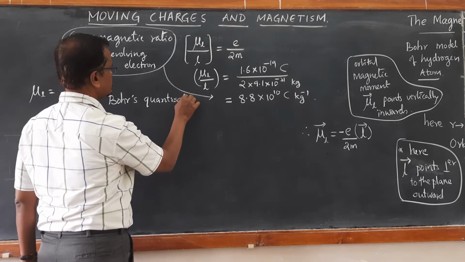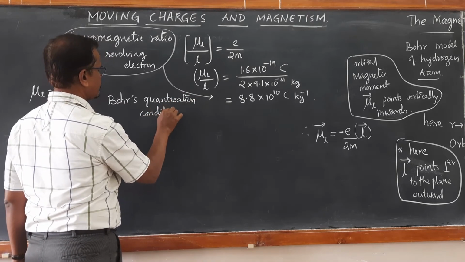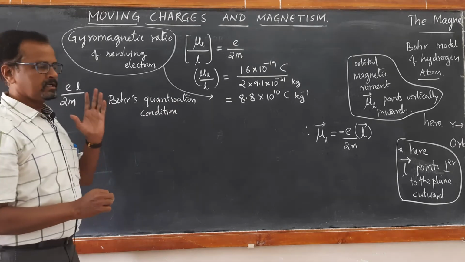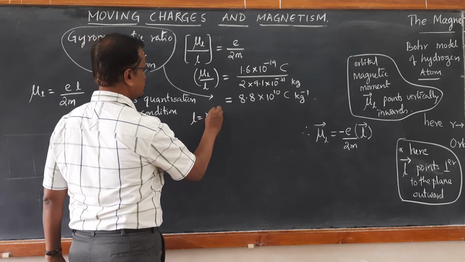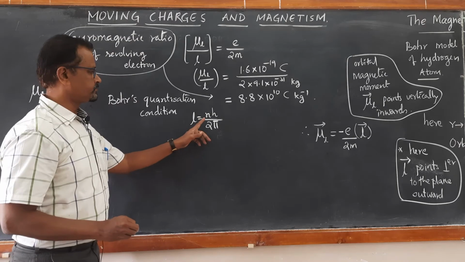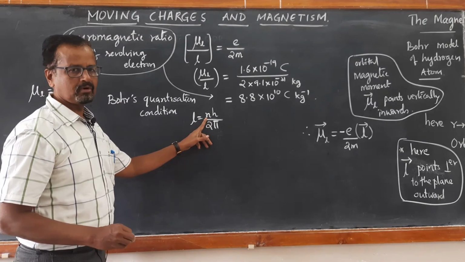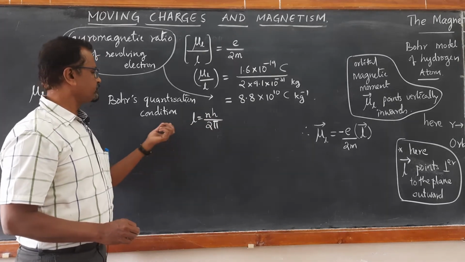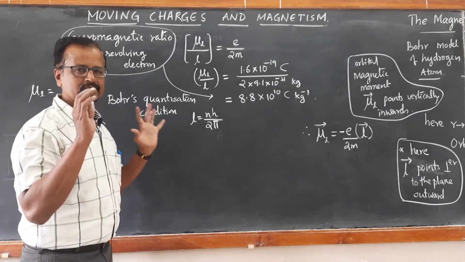Bohr's quantization condition states that the angular momentum of a revolving electron takes fixed discrete values, given by L is equal to nh upon 2 pi, where n is the number of the orbit or principal quantum number, h is Planck's constant, and L is the angular momentum.